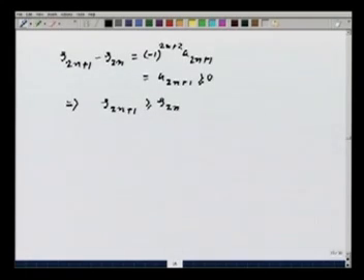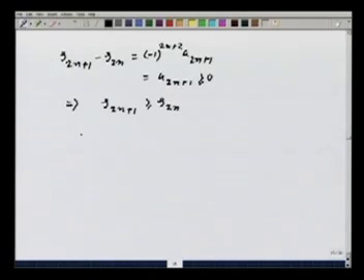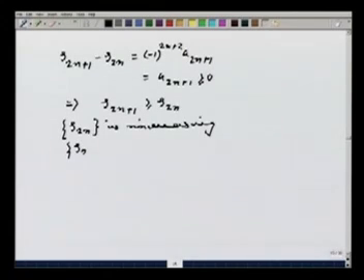Now I have two more informations about this S2n and S2n plus 1. I have already seen, so let me write it here, that S2n is increasing and S2n plus 1 is decreasing. Now notice one thing.